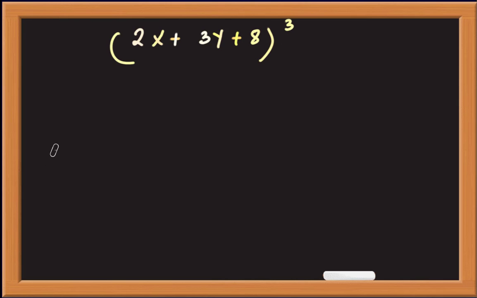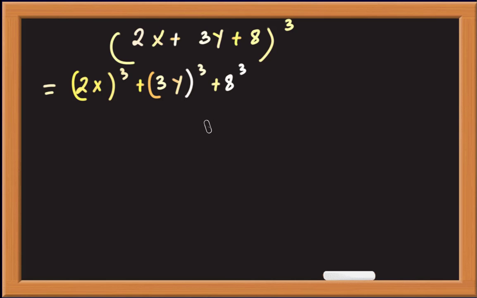We are definitely going to use our formula. So the first term cubed plus second term cubed plus third term cubed first. So we get (2x) cubed plus (3y) cubed plus 8 cubed.